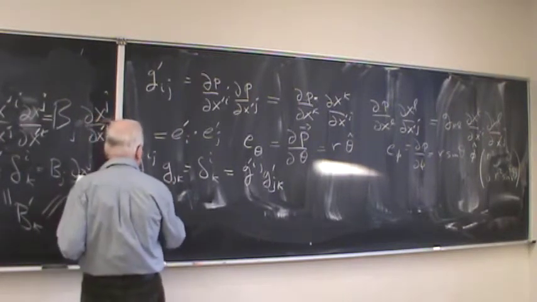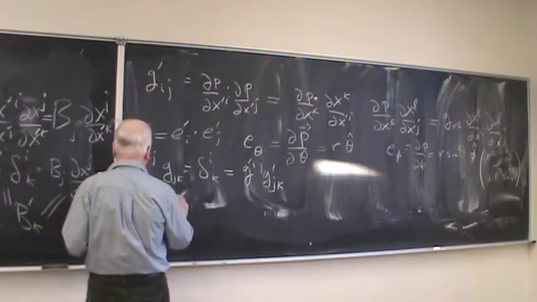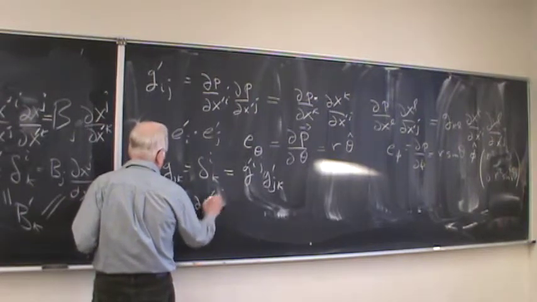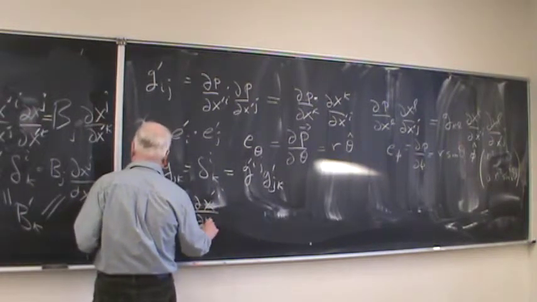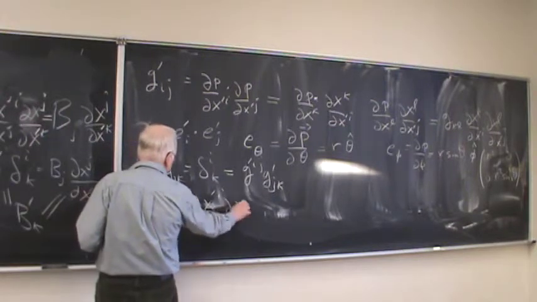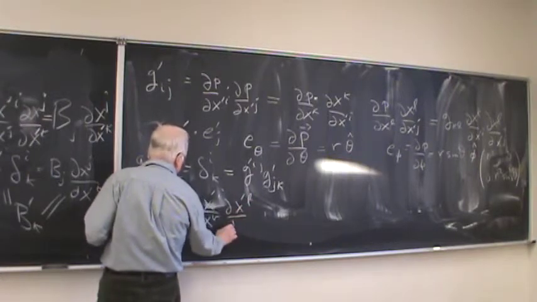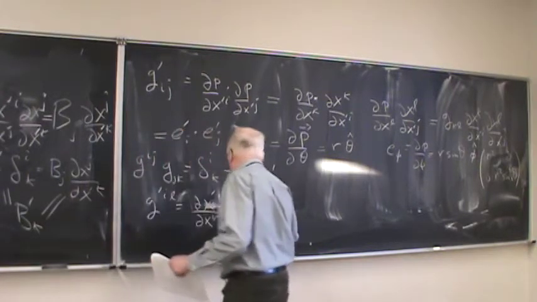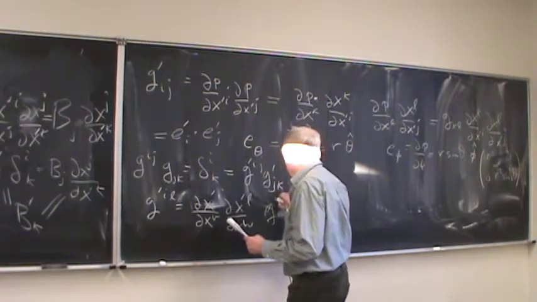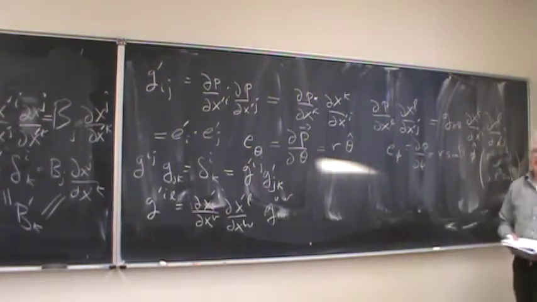Anyway, it turns out, if you do a little bit of arithmetic, you can find out that this transforms the right way, namely it's partial x prime i, partial x v, partial x prime l, partial x w, g beta. So in other words, it really is a second rank contravariant tensor.